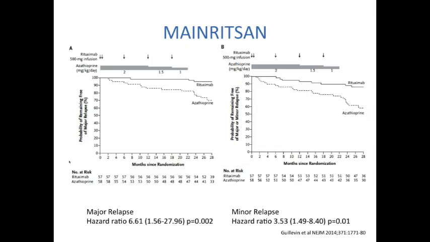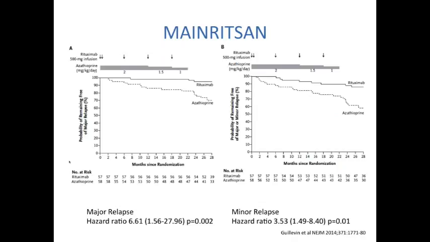This slide shows the main conclusions from the study and shows that there was a reduction in relapse rate in the rituximab arm compared to the azathioprine arm over the course of the study, both in terms of major relapse or in terms of minor relapse, suggesting therefore that rituximab has a treatment benefit over azathioprine.